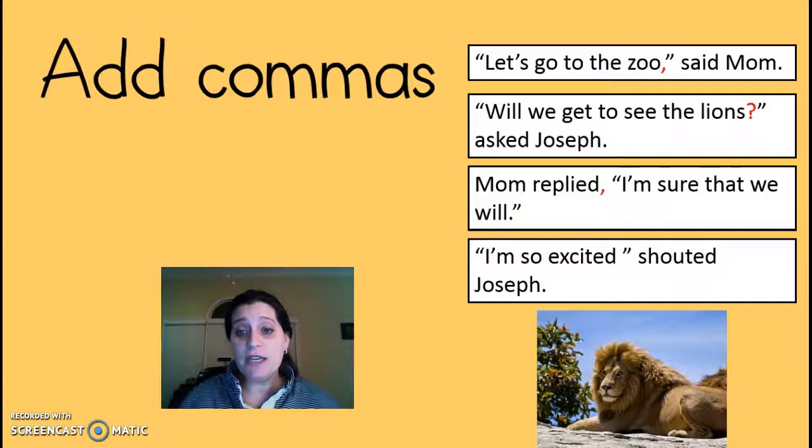And then in this one, "I'm so excited," shouted Joseph. Again, you have a different type of punctuation. "I'm so excited" shows strong feeling. So instead of just putting a comma, which would imply that we would be having a period there, we're going to put an exclamation mark instead to show how excited Joseph is.